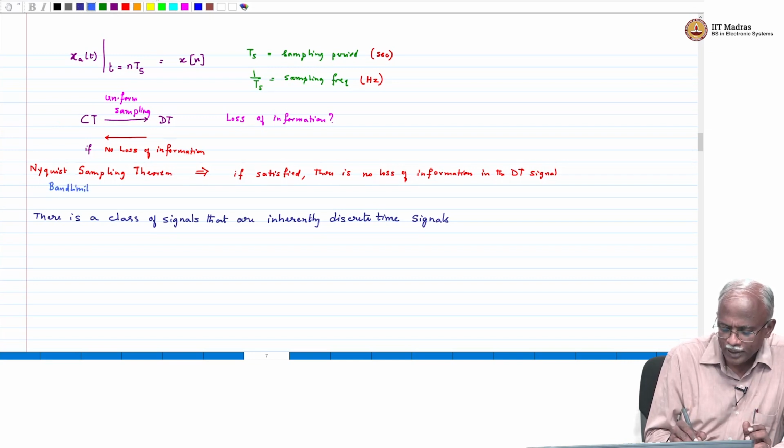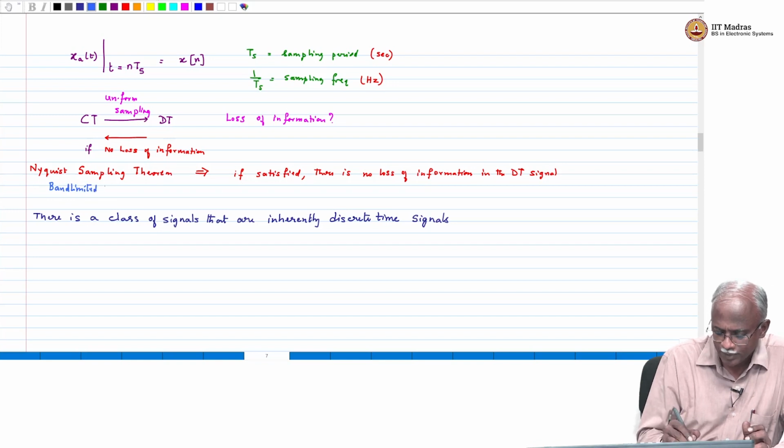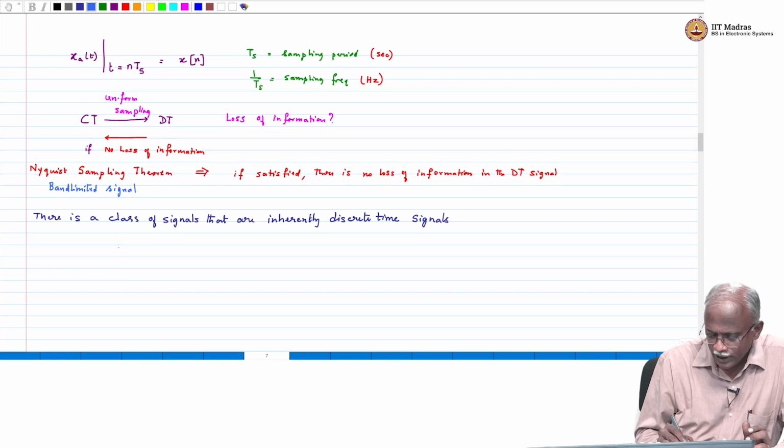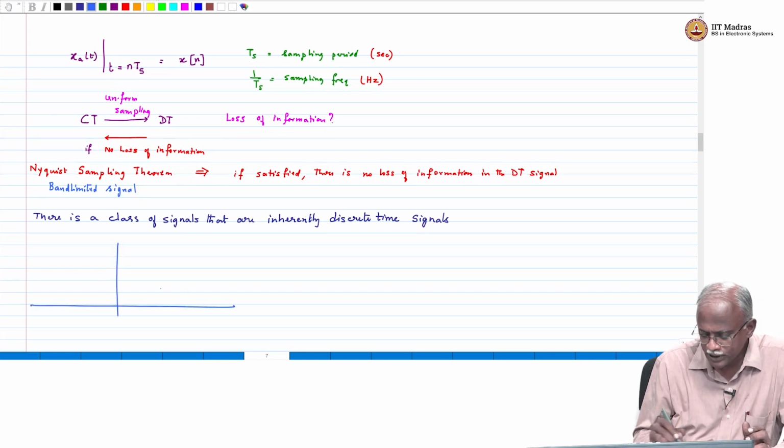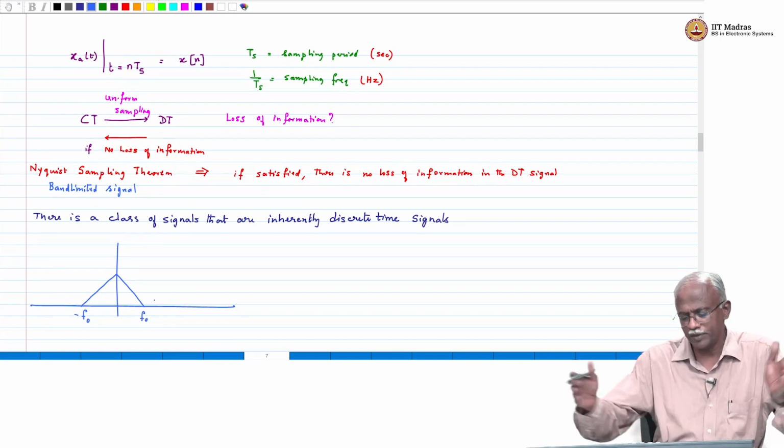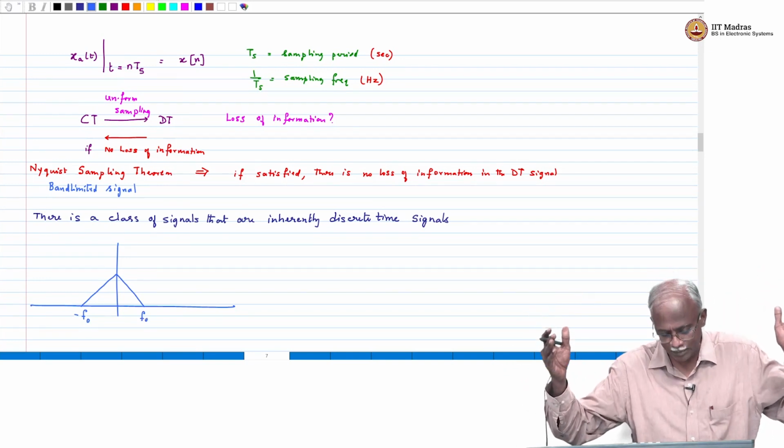Let me describe what a band limited signal is. If you look at the Fourier transform of the signal x, it would have a frequency content which is limited to minus f0 to f0, somewhere within, and beyond that region it is 0.